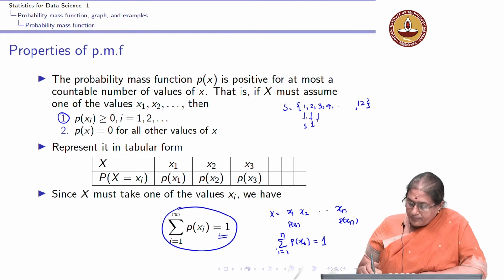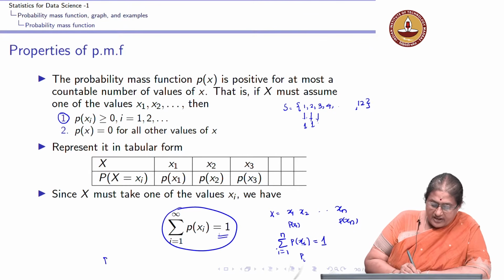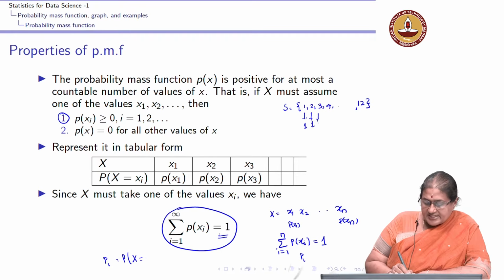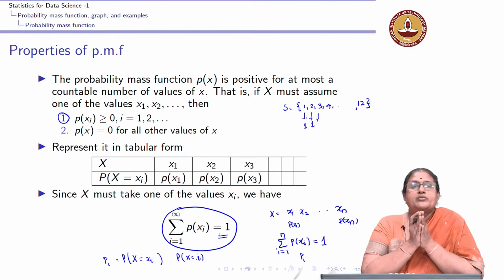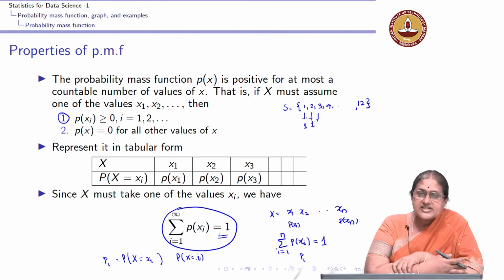Some books refer to p of xi with just pi, but we need to understand that whenever you see a pi, this could be the probability x takes the value xi or the probability x takes a value i. You need to understand how the probability mass function is defined.